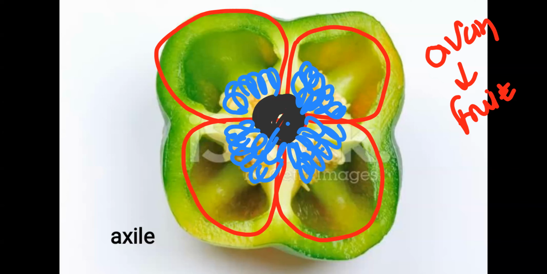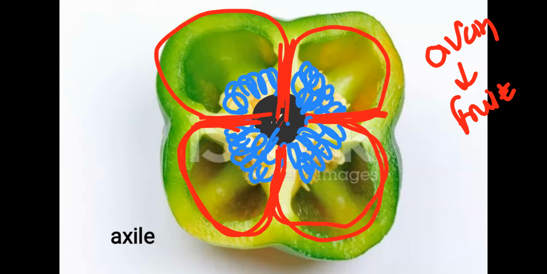If we can make out here that the ovaries are fused with each other, one carpel fused with the adjacent one. Can you make out this thing? Good.